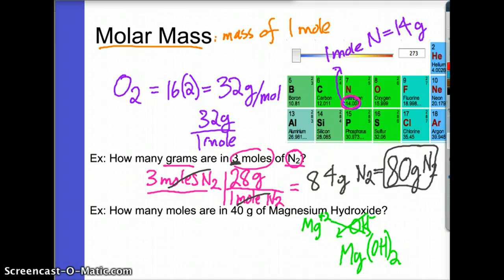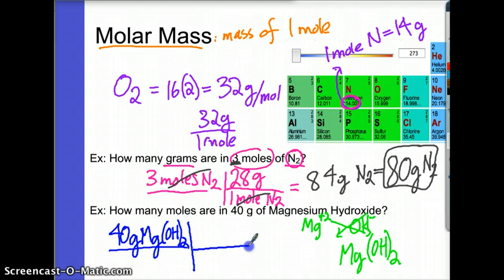So now let's do the problem. Okay, my given is 40 grams of Mg(OH)2. I want to figure out the number of moles. So I need to figure out the molar mass of magnesium hydroxide. So go ahead and check your periodic table to figure that out.